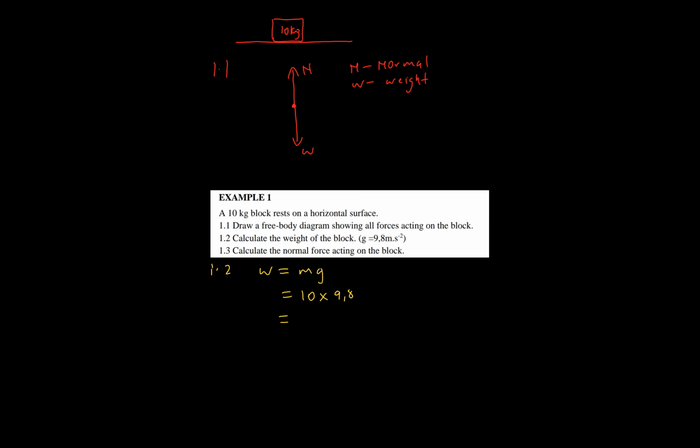Hence, 9.8 multiplied by 10 is 98. So it's 98 newtons. This is the weight. And we know from case number 1 and 2 that normal force is equal to weight. Hence, normal is equal to weight, which is 98 newtons.